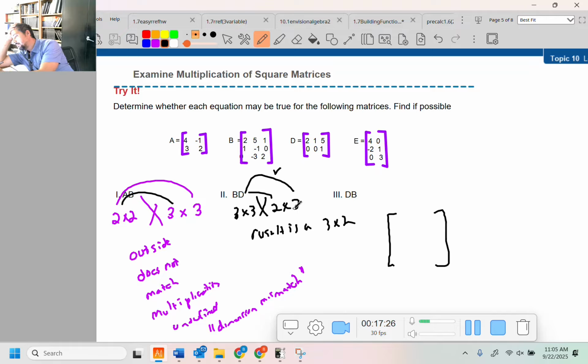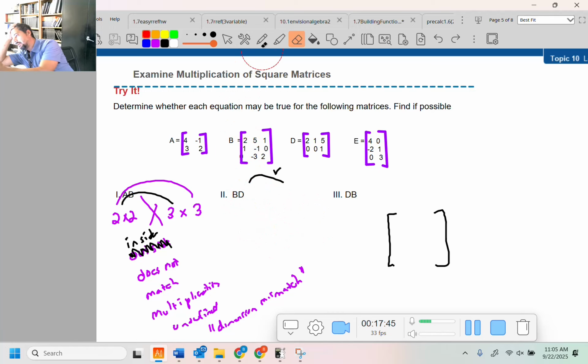I wrote the numbers backwards. No, 2 rows, 3 columns. Forgive me, kids. I don't know if it's the headache or what, but it's the inside that doesn't match. You can't do B times D.